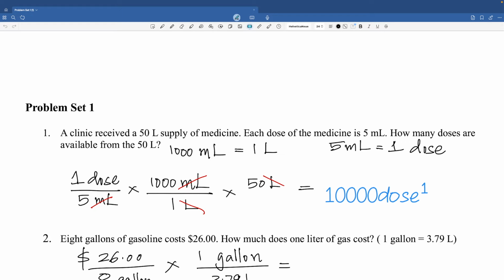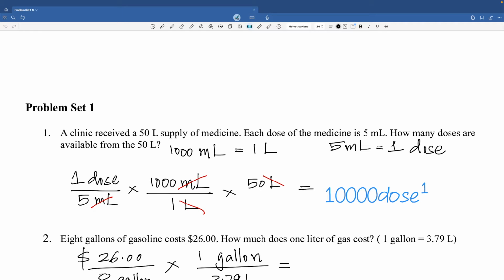A clinic received a 50-liter supply of medicine. So liter is a unit of volume. Each dose of the medicine is 5 milliliter. How many doses are available from the 50-liter?